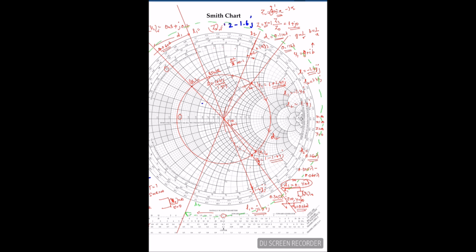The total rotation is 0.25 lambda, and the remaining rotation you can calculate. The difference you can see is around 0.4 to 0.41. So you will get the length of the second stub as 0.25 plus this. So you'll get closely the length of the second stub is 0.405 lambda.